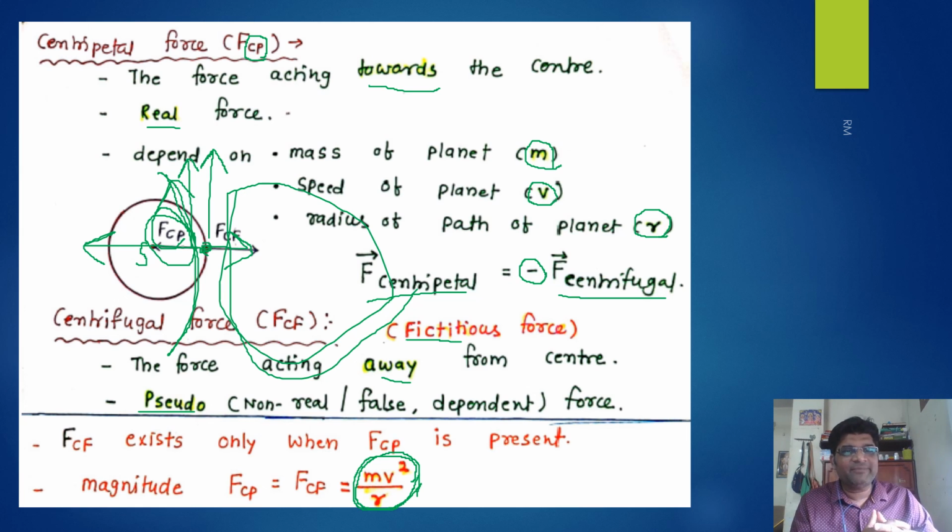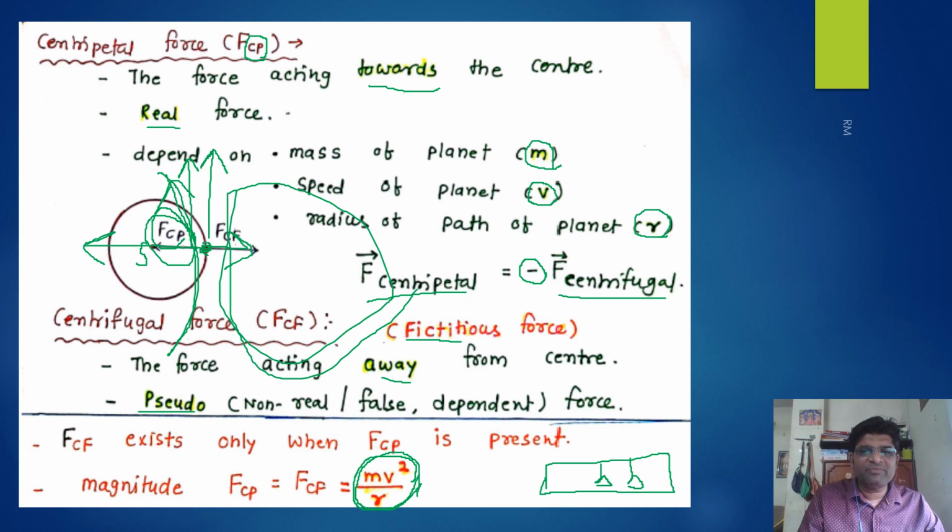Is that clear? So here we have learnt about two forces, centripetal and centrifugal force. Centrifugal is a non-real pseudo force. See, I'll give you one more example. For example, here is a train compartment, and you are traveling in that, and you know there are hangers suspended there, which we hold with our hand because sometimes you don't get to sit and you have to travel standing.